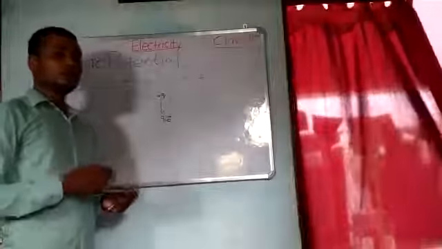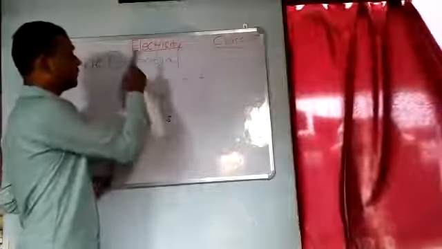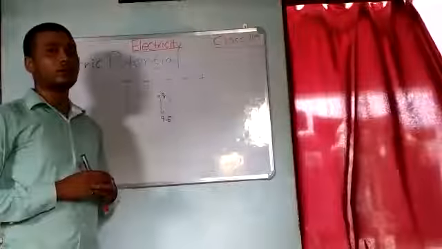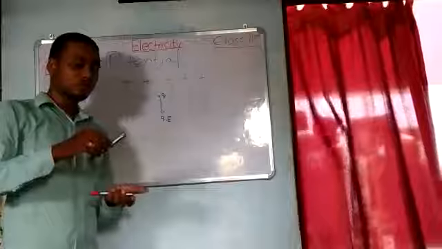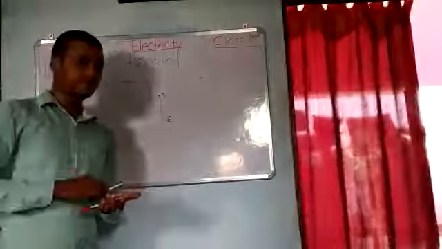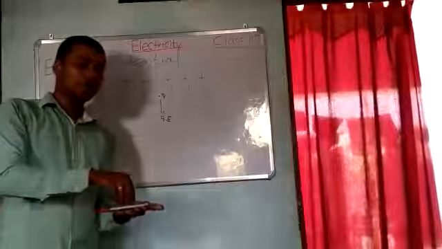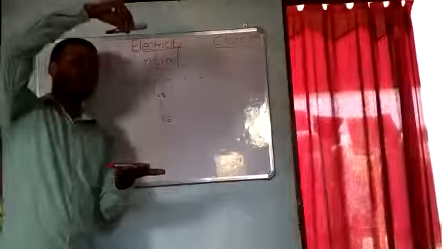If we want to go from negative to positive, then we have to apply some amount of force. Similarly, if we want to lift any object from downward to upward, we have to apply some amount of force to lift it upward.